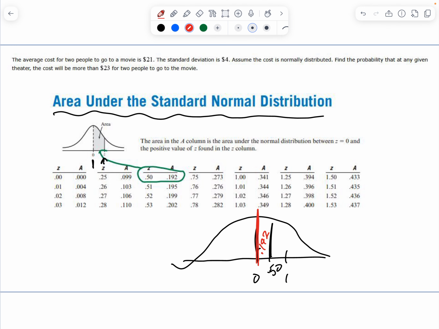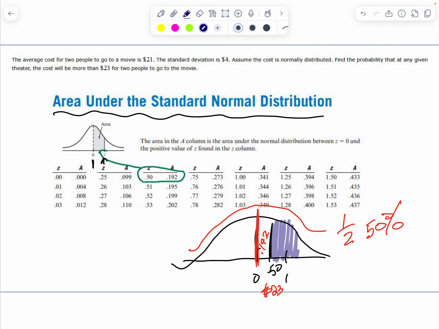Now, we know that if this whole thing is 100%, then half of it is 50%. Because they're asking for more than, remember this is $23 here, which is the same as 0.50. So more would be this piece right here.